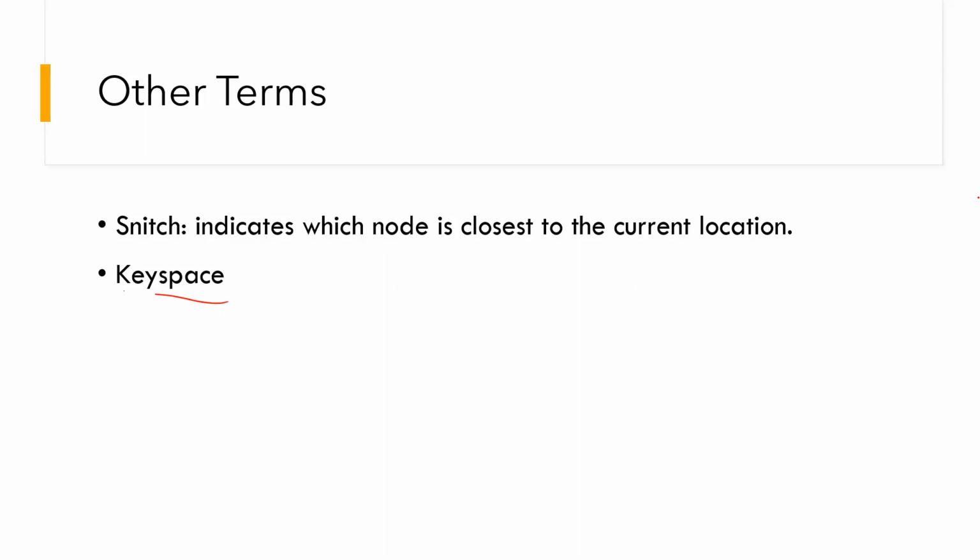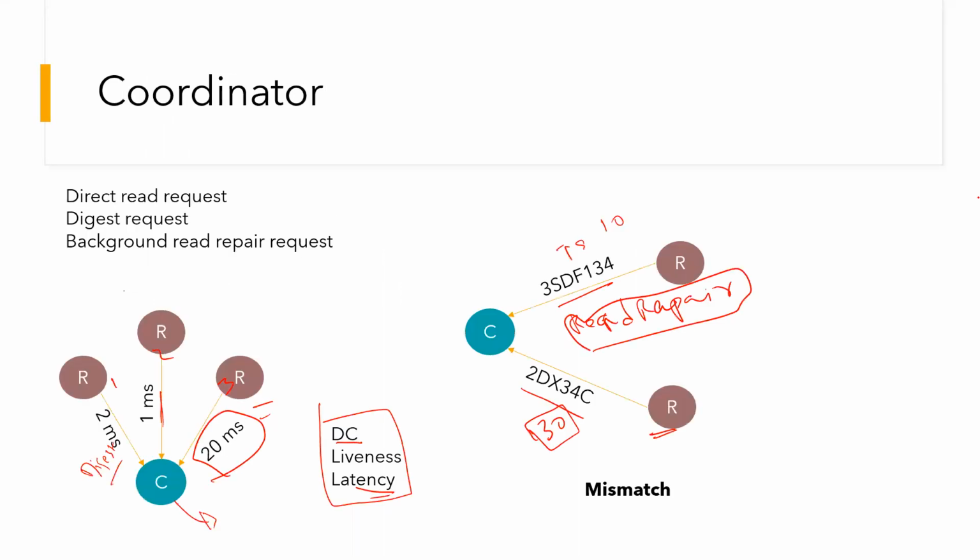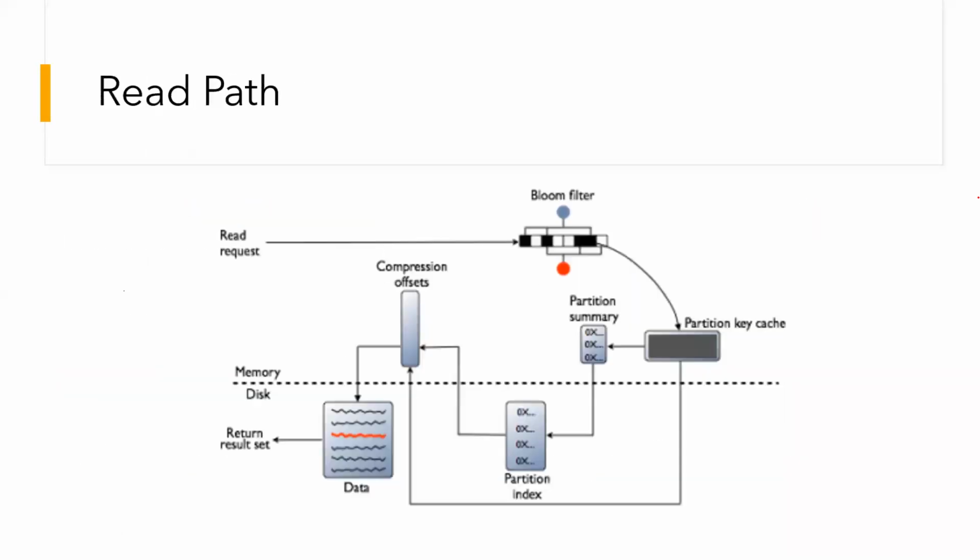I have a question. You mentioned that when we write, we need to meet the replication factor, right? Let's say we cannot meet the replication factor, how do we roll back the data? Because some of the nodes already have that new data. Does my question make sense?